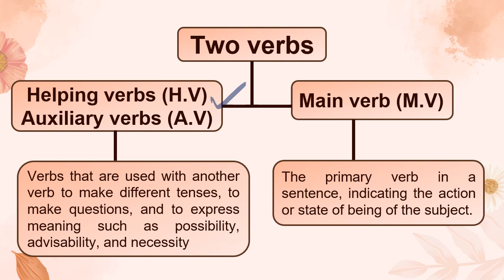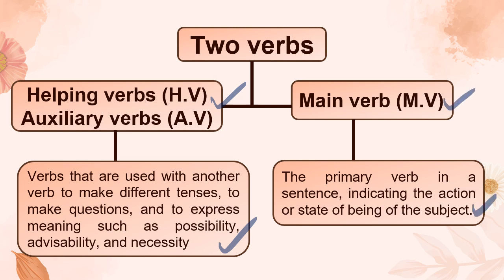Helping verbs are verbs that are used with another verb to make different tenses, to make questions, and to express meaning such as possibility, advisability, and necessity. Main verb or MV, the primary verb in a sentence indicating the action or state of being of the subject.